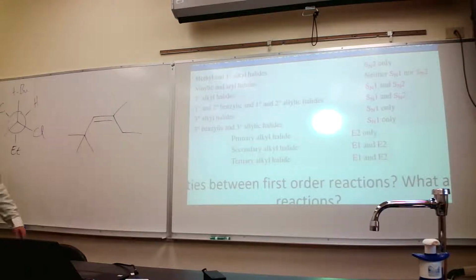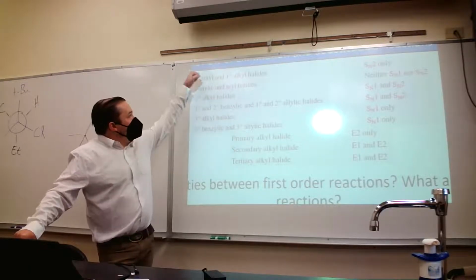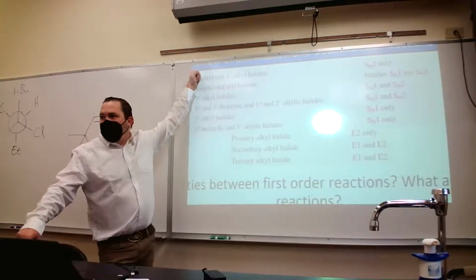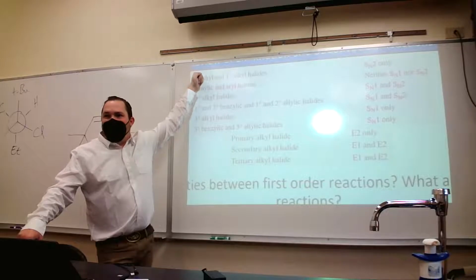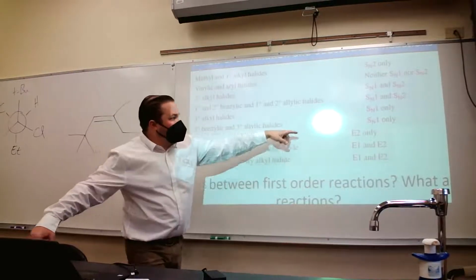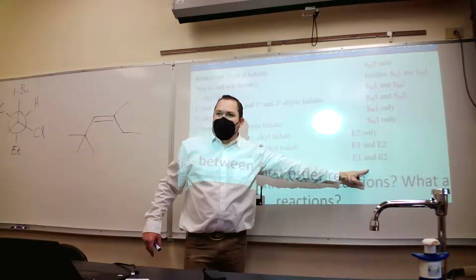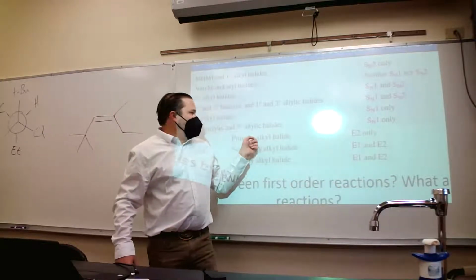So we have the same problem with E1 and the primary alkyl halide that we had with SN1, right? You can't make a primary or a methyl carbocation because they're just not stable enough. So it's less about sterics. The sterics don't come into play as well. So all of them can go E2. But you can't have E1 if it's primary.